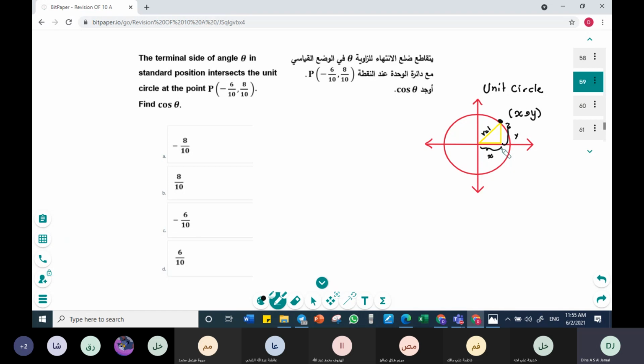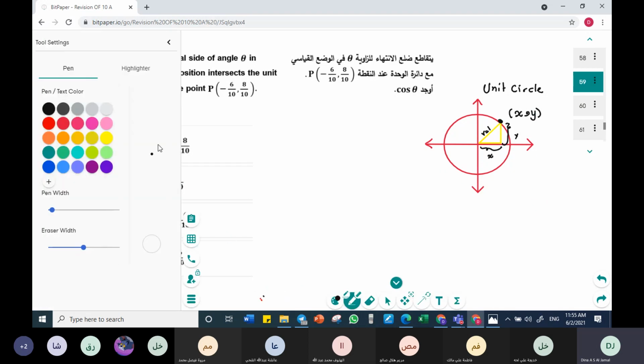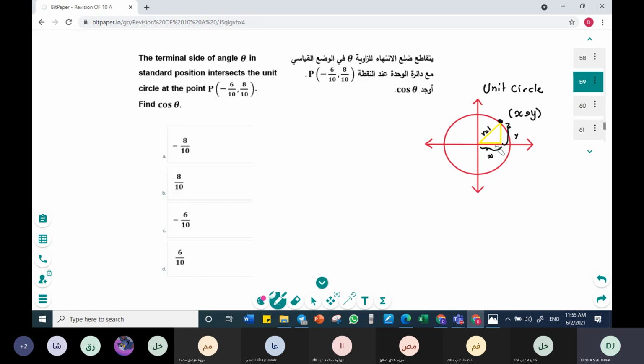Since you have theta here, you will be connecting these together and finding the sine and the cosine of them, which will lead you directly to a relationship: whenever you have a point (x, y), the x coordinate is cosine theta and the y coordinate is sine theta.